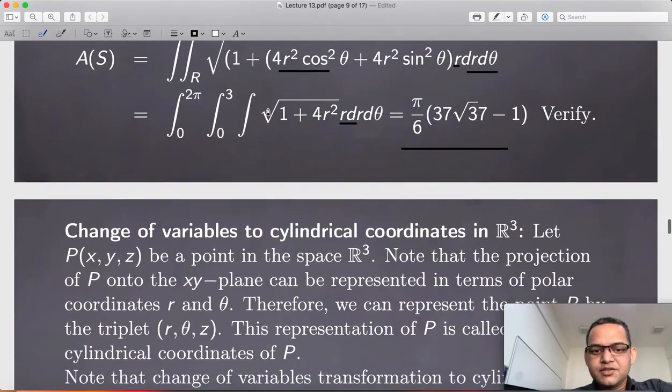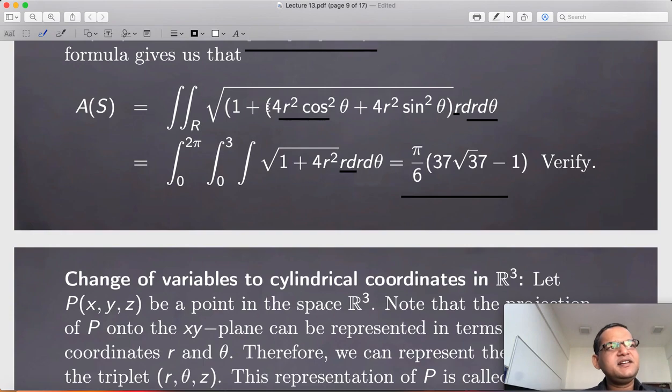This is a very standard change of variable, changing the Cartesian coordinates to the polar coordinates. This is an idea which is helpful when you have domains which are disks or annular regions, because there is symmetry around the origin basically. So in such cases, writing down things in terms of the radius and the angle makes it easier.